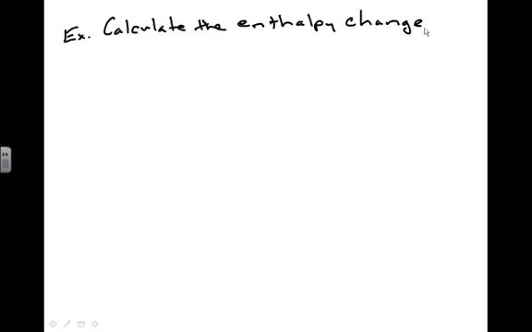So the example here is going to be, I'm going to write it down like a problem. So I'm going to say calculate the enthalpy change for the following reaction using, a lot of times it'll say, using the table of bond energies.